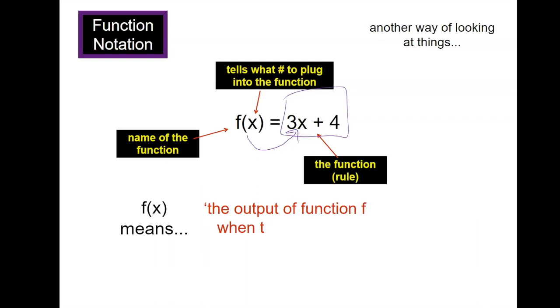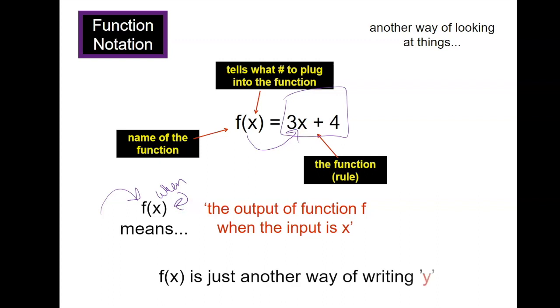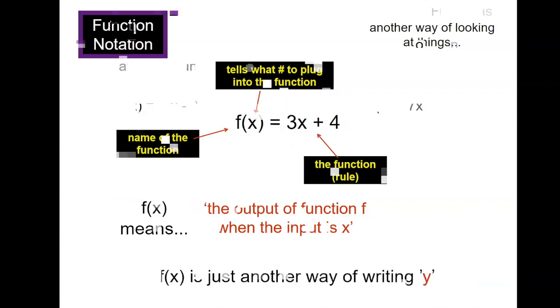So f of x means the output of function f when the input is x. The output of function f when you have this input. f of x is just another way of writing y.